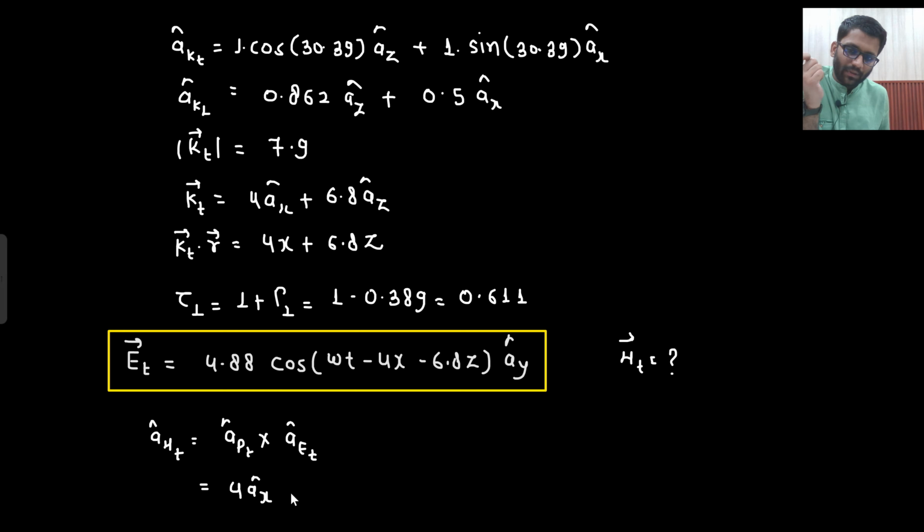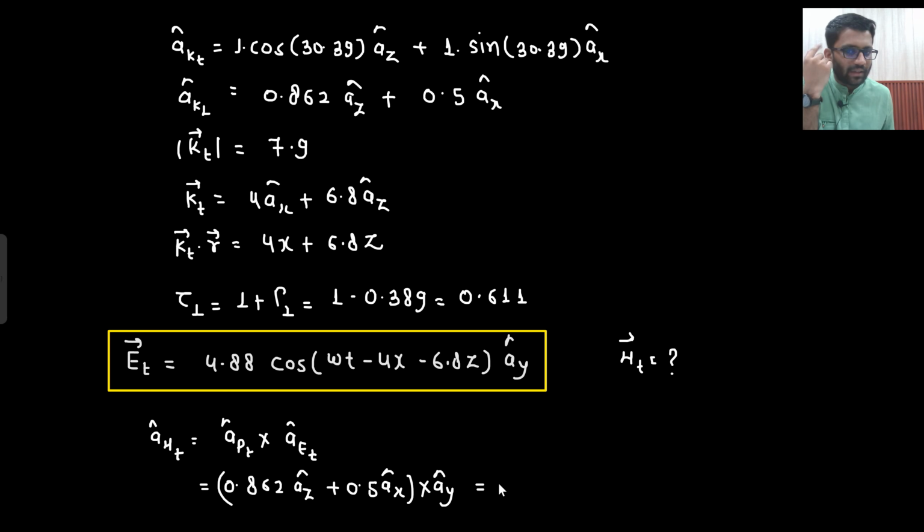My aPT is 0.862 az cap plus 0.5 ax cap, cross ay cap. Z cross Y would give me minus X, so minus 0.862 ax cap, and X cross Y would give me Z, 0.5 az cap.